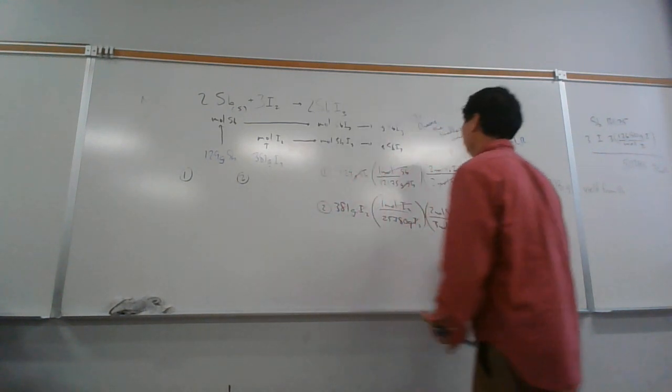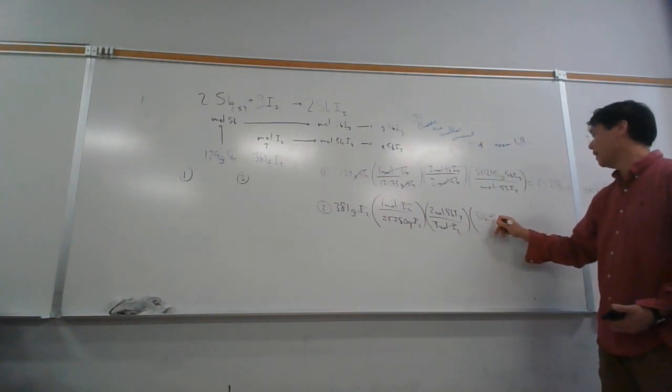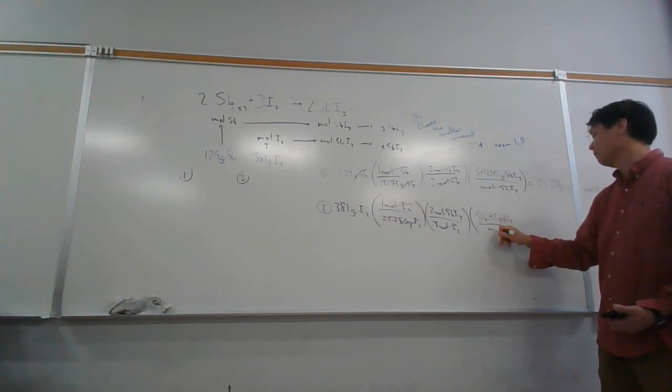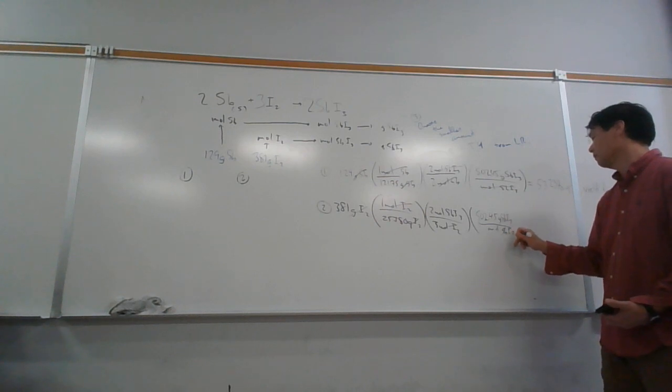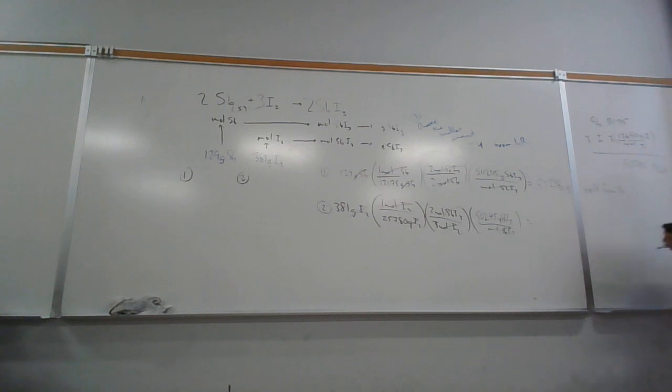And then the mass, 502.45 grams of SbI3 per mole of SbI3. So moles cancel. So 381 divided by 253.8 times 2 divided by 3 times 502.45.